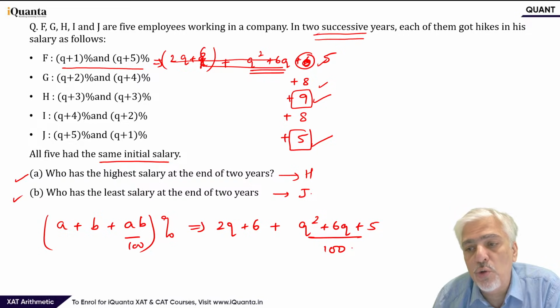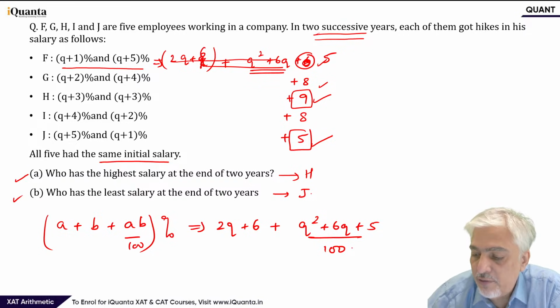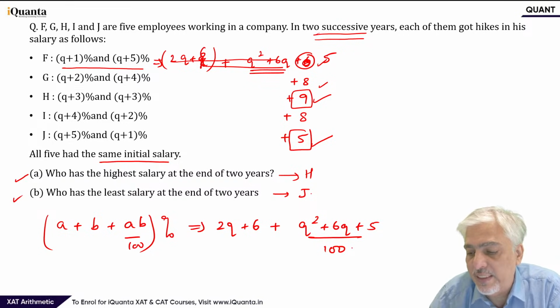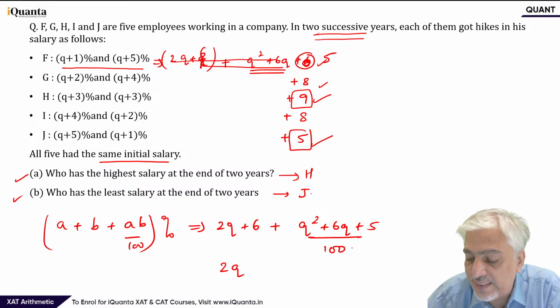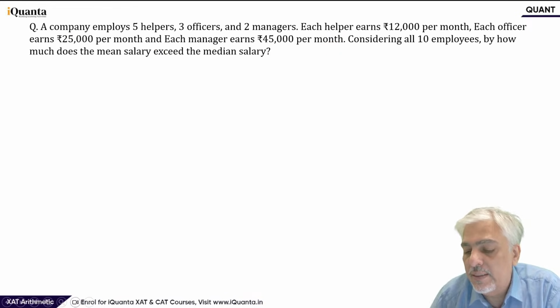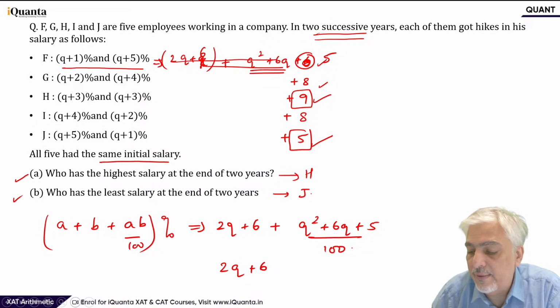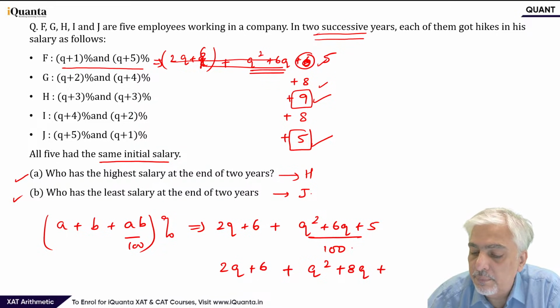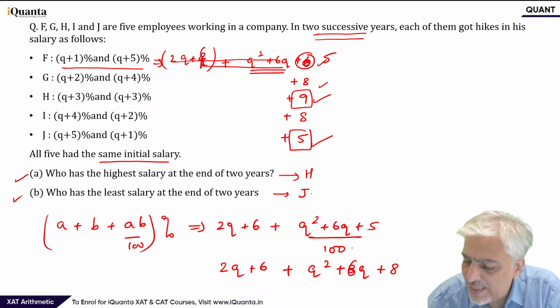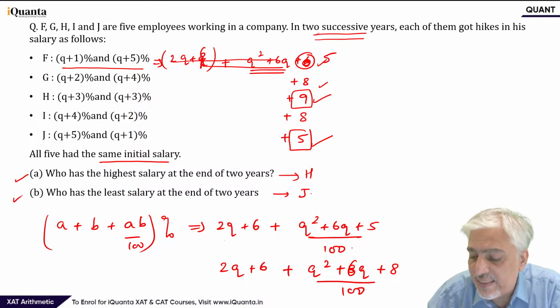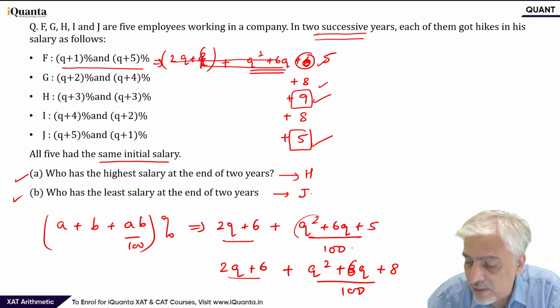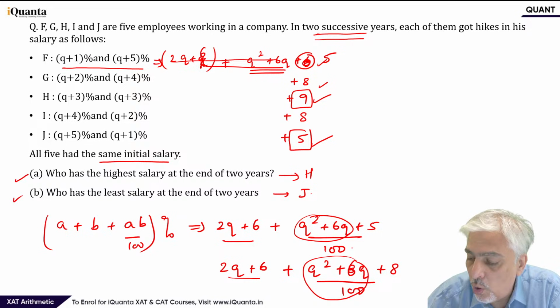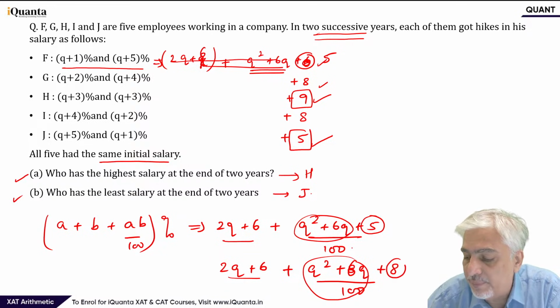Now, if you notice what is going to happen for everybody else, whether I do it for G, now this was for F, if I do it for G, here also 2Q plus 6 will come, plus Q square plus 6Q plus 8 upon 100. So my point is this number is the same, this number is the same, this all is the same, 100 is the same. Only this number changes for everybody.